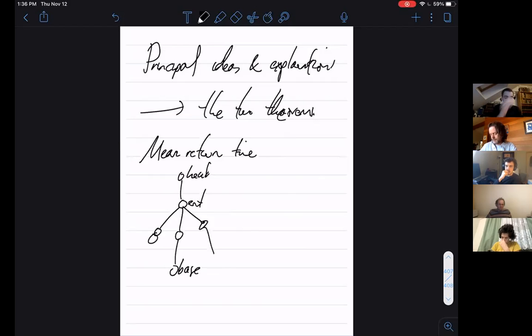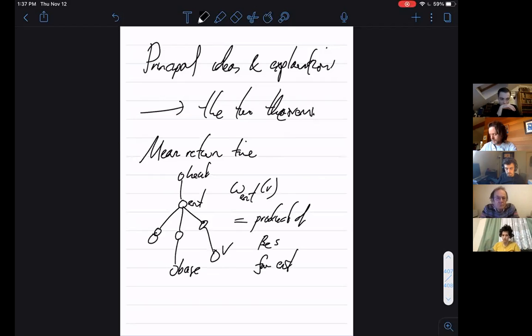For every vertex V in this trap, I can define an omega value that's rooted at the entrance. It's the product of the beta E's on the route from the entrance to V.